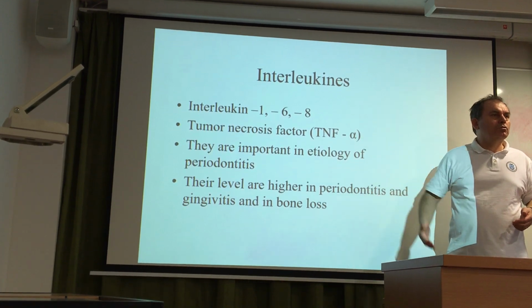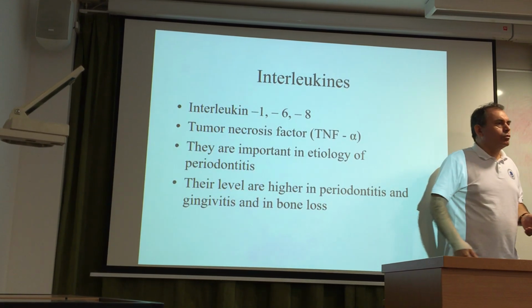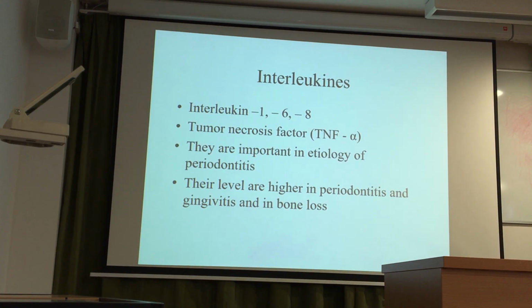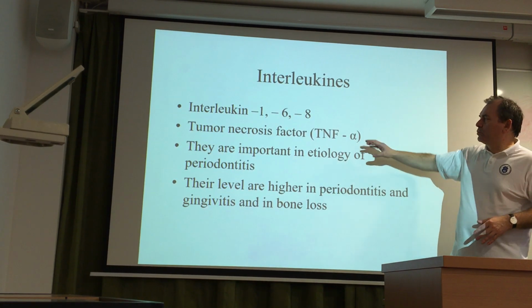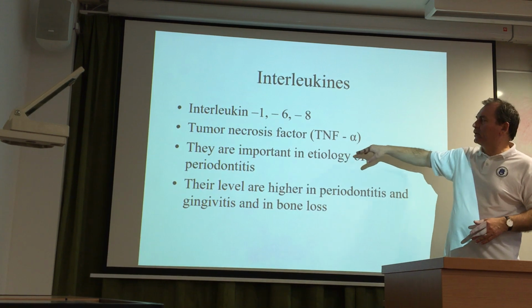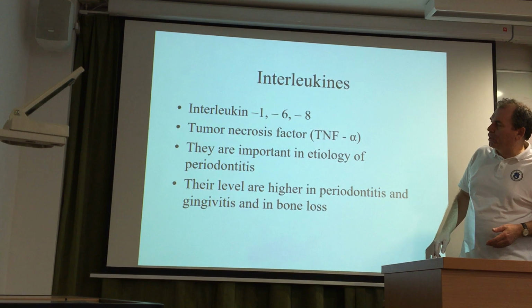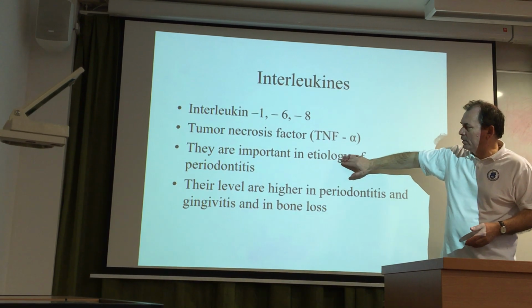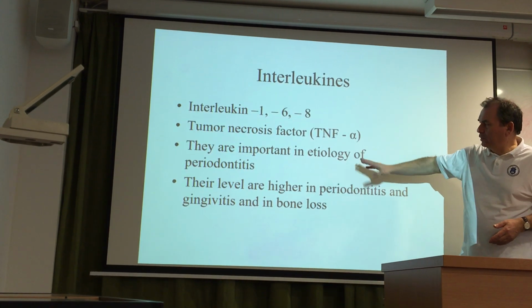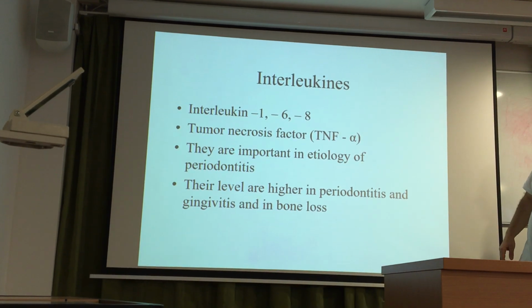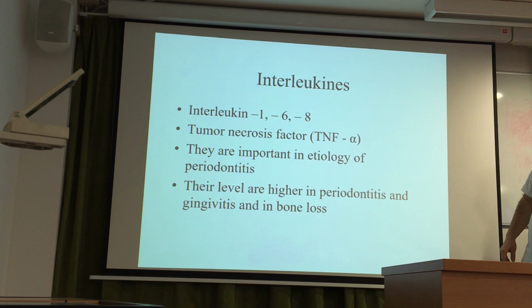So the sulcus content may show you whether the bone is endangered for destruction or not. Interleukin content and tumor necrosis factor could be important indicators or markers, and in the etiologic investigation of periodontitis, these could be very important markers.